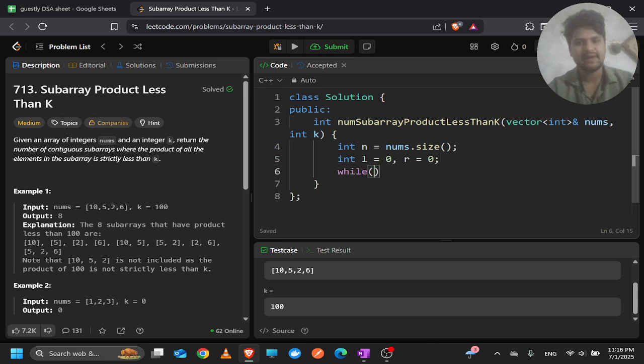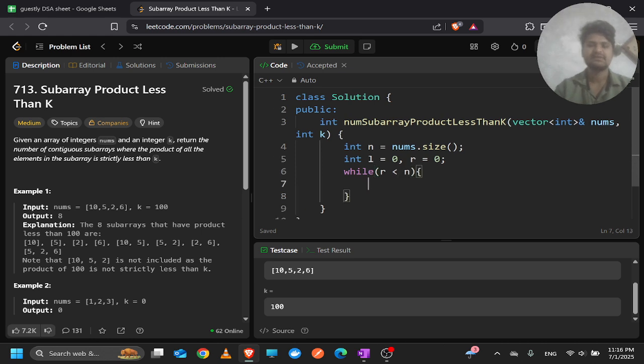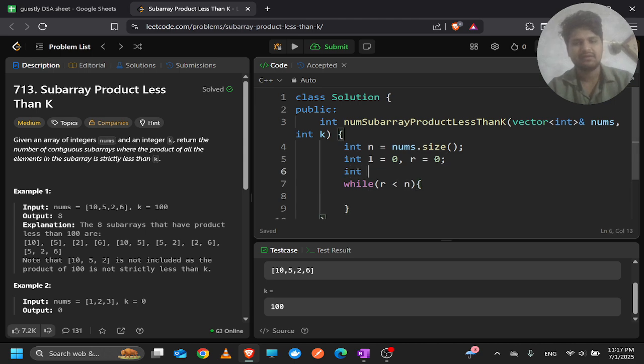Now, while r is going to n, that means r is going to reach the end before the left pointer, so we have to compare this first. Now we need a product variable initialized with 1.